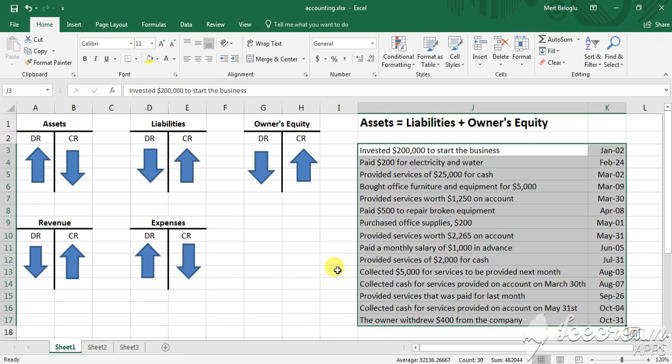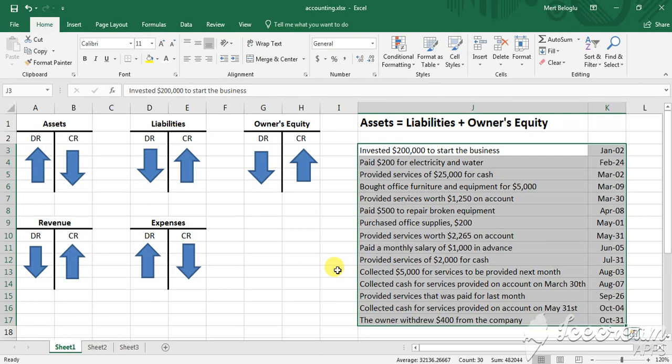Revenue decrease on debit, increase on credit. And expenses increase on debit and decrease on credit. You have to memorize this relationship between debit and credit for each type of account. It is crucial to whatever you do in your accounting practices.